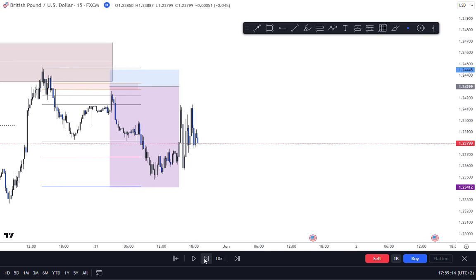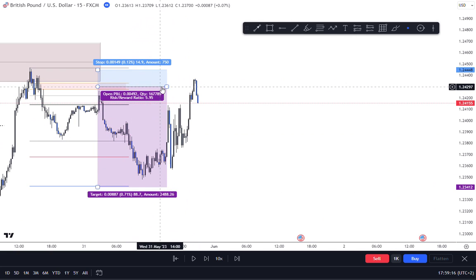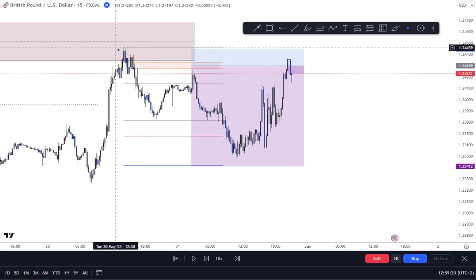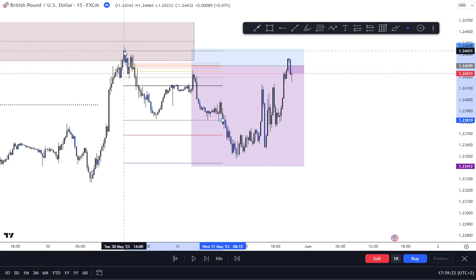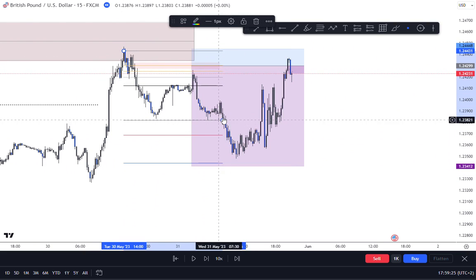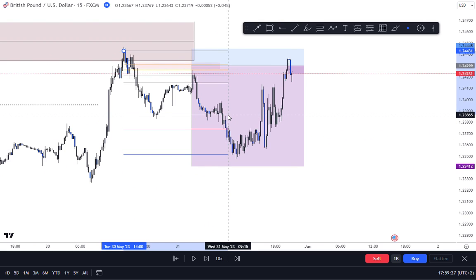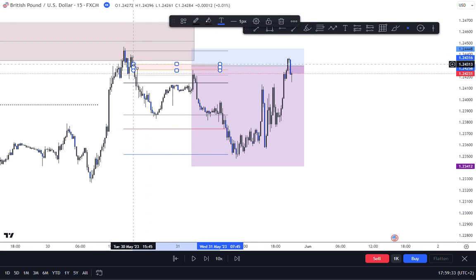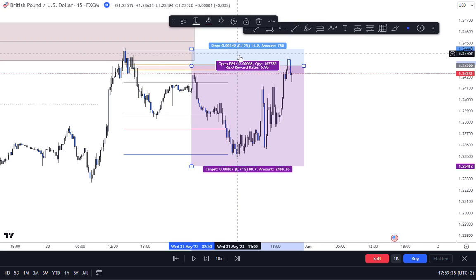So what basically happened here is that price came to this area of OTE. This is my area here, sorry for that.